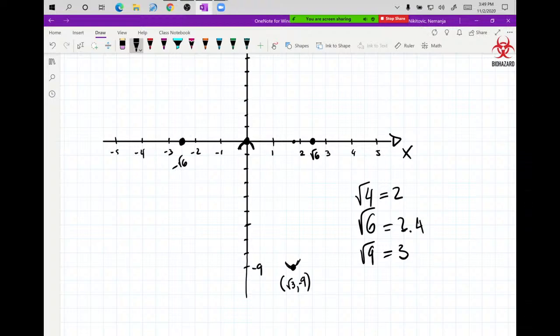Now you have over here another root 3. That's going to translate right here on the negative 9, and that's going to be another minimum. That's a negative root 3, negative 9, and that gets its own smiley face because it is a minimum. So two minimums, two smiley faces, one maximum, one frown, right?